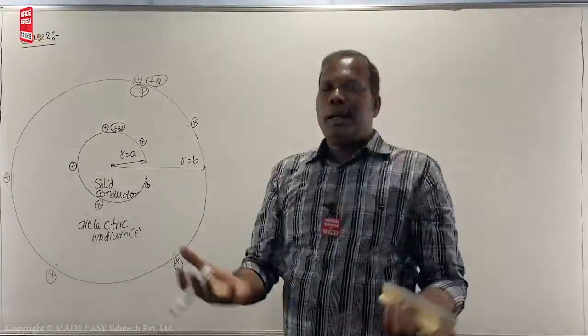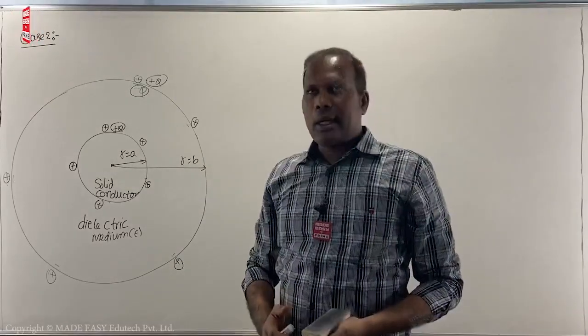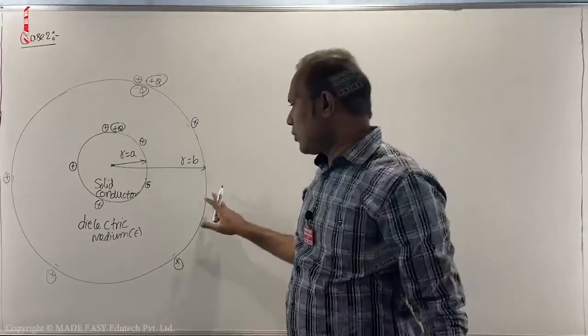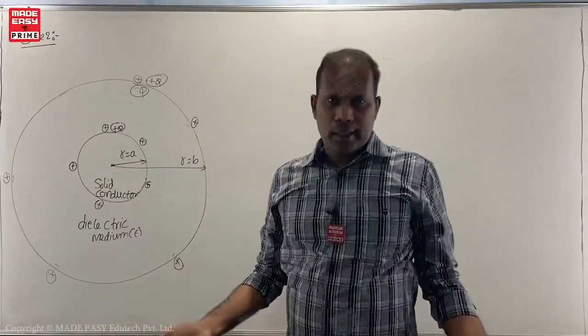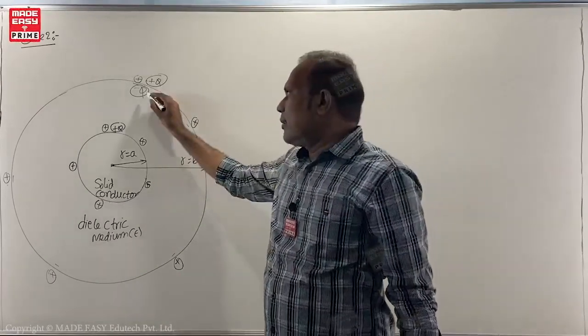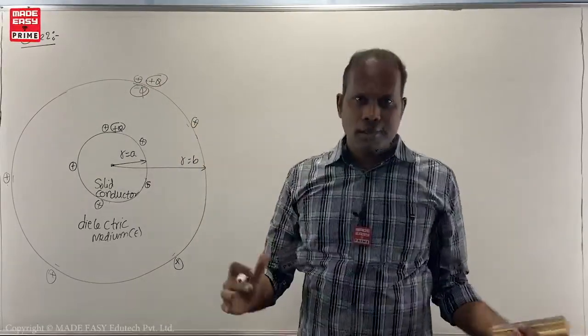Once again, I am asking the question. If there is a solid sphere with plus Q charge on it, and after some time we get one more conductor surface which is not grounded, then what will happen? Answer, on the conductor surface, the inner surface gets minus Q charge and the outer surface gets plus Q charge.